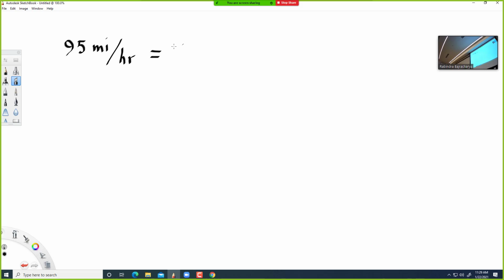So here we want to get rid of miles, so put the mile on the bottom. And we need the conversion factor between miles and kilometers. So how many kilometers are there in 1 mile?